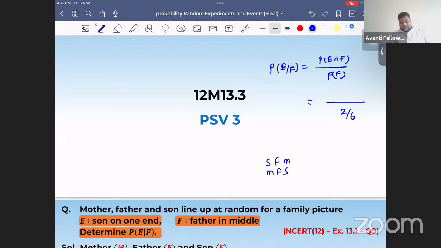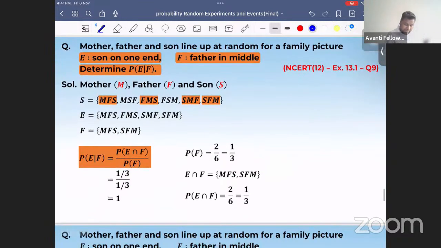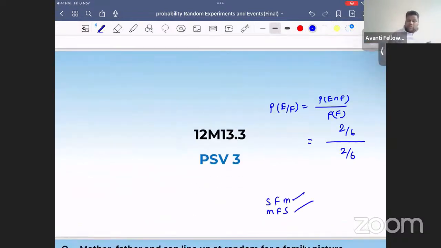Son at one end and father in the middle. E upon F. If father is in the middle, then son will definitely be at one end, and probability will be 1. Yes. Now son at one end is what? Again these two cases. Again 2 by 6. Answer will be 1. Got it?